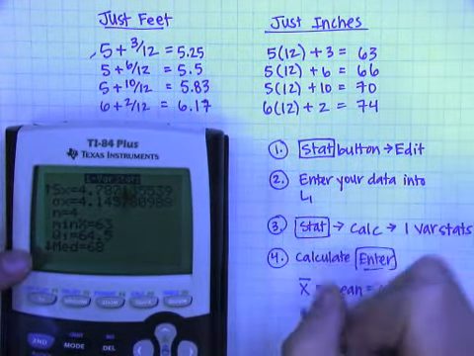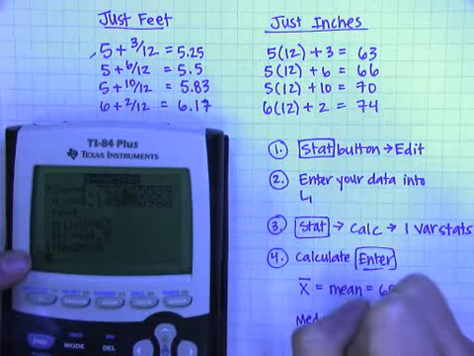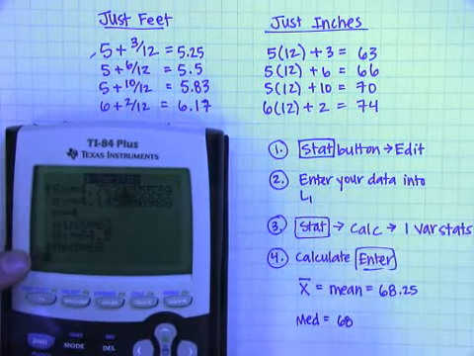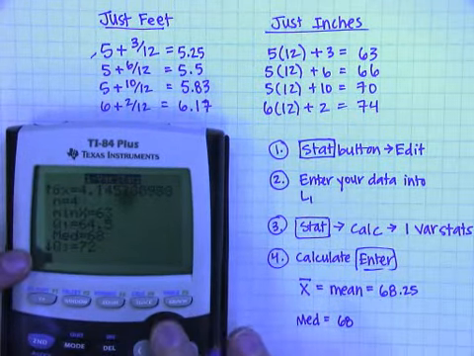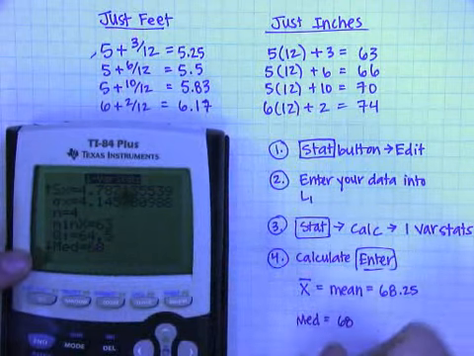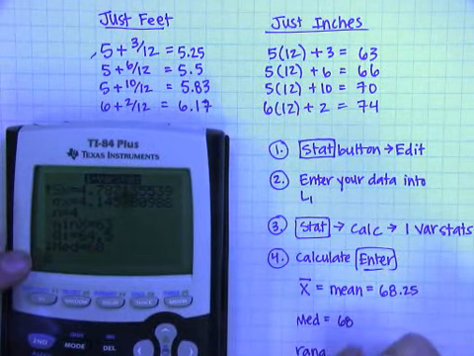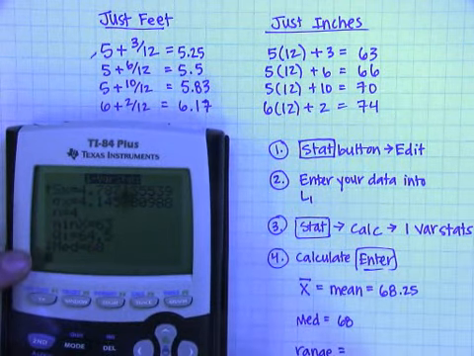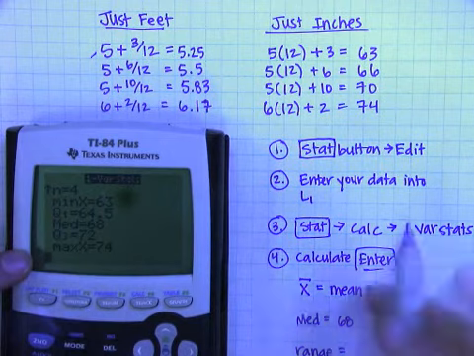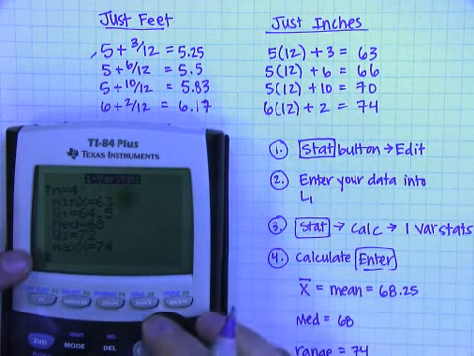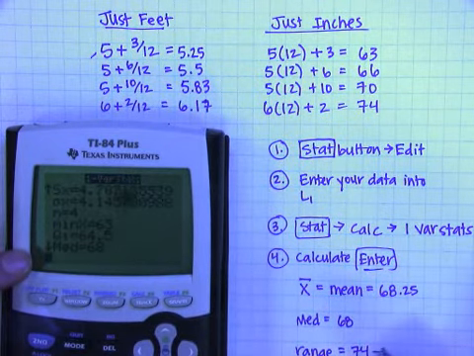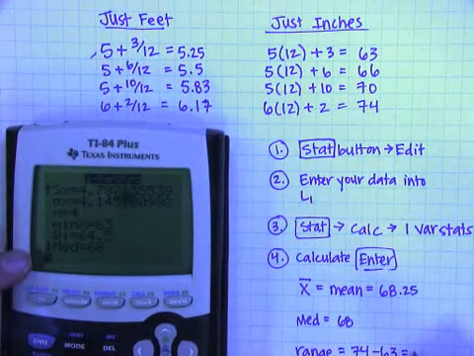If you scroll down, it says median is 68. And you can also get the range because it gives you the minimum. So the range, let's see, and it gives you the max. So the max is 74, the min is 63, and so that means our range is, let's see, 11 inches.